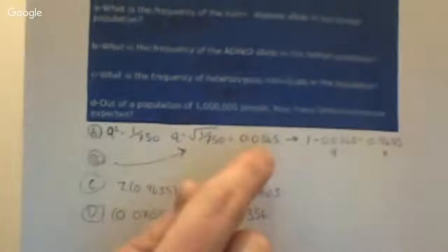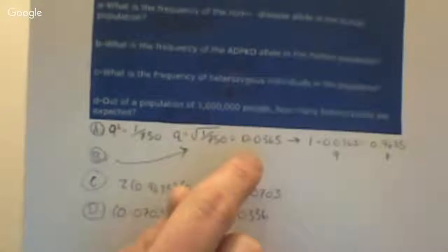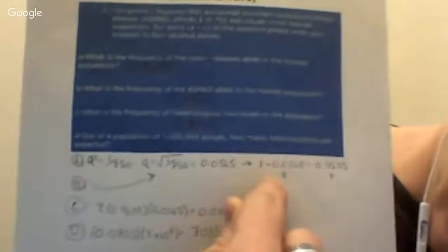To find q by itself, you take the square root of that, obviously just basic algebra, to get 0.0365. And then you subtract it from 1 to get your p value, which is 0.9635. Does that make sense?